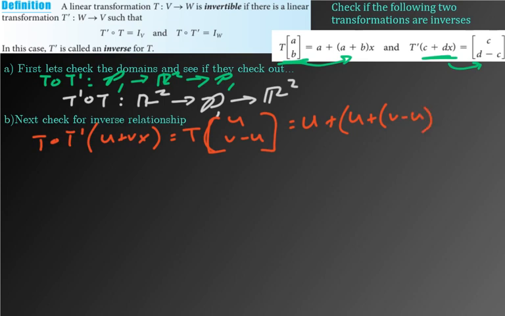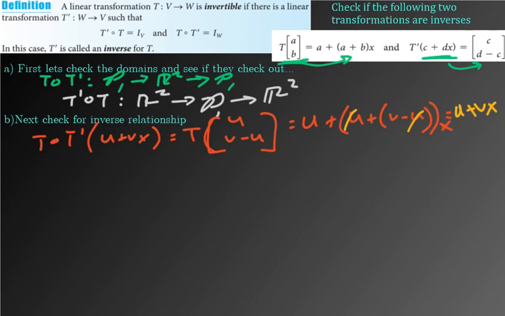v minus u. And then if you look at what's happening there, there's an x in there, sorry. And then I do u minus u, so I have u plus vx, right, because the u's cancel. And so I have u minus vx.